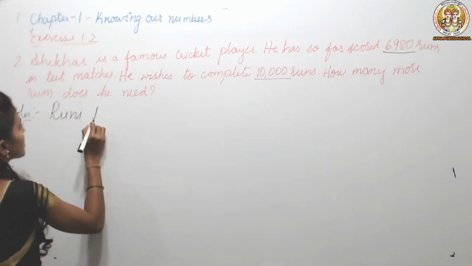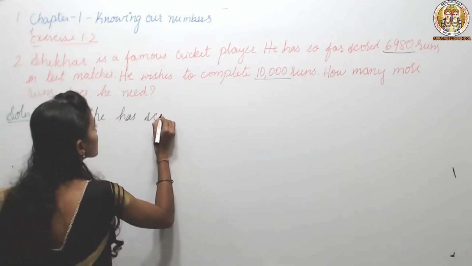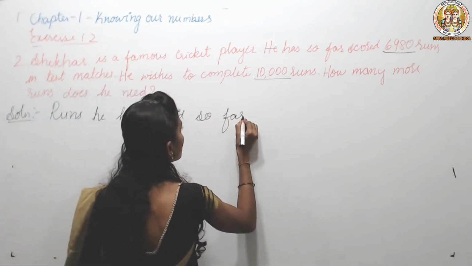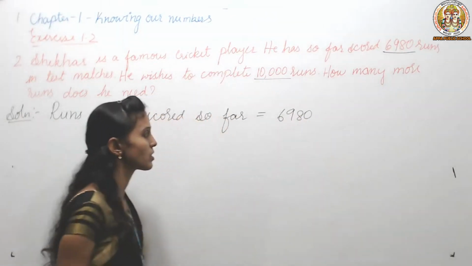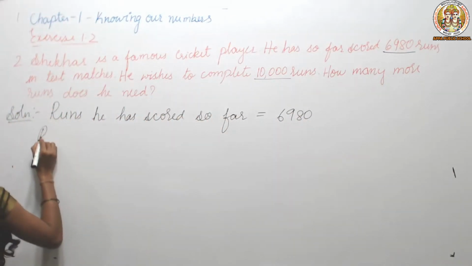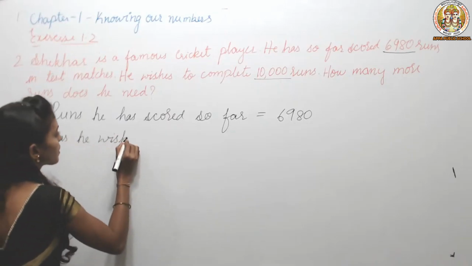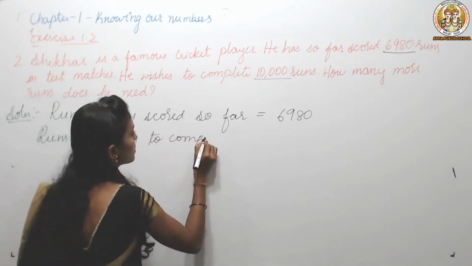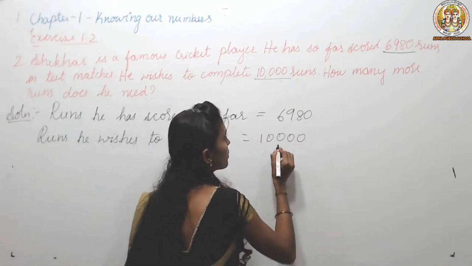Runs he has scored so far is 6,980 runs. Then runs he wishes to complete is 10,000 runs.